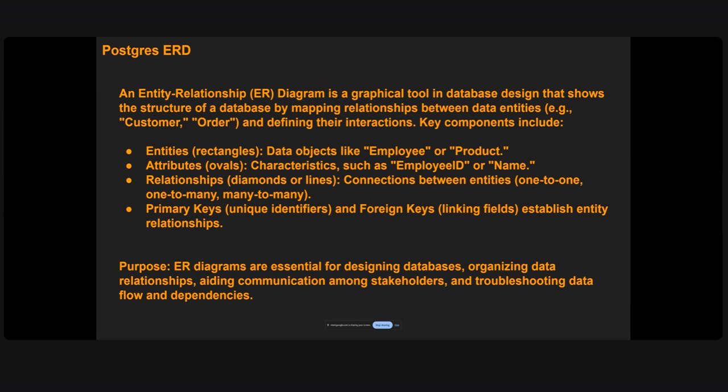In Postgres, the ERD shows the tables, which we call entities. Columns are attributes. This is the technical terminology. If someone asks you what are the entities that you see in your database, don't get confused, it's the table names.